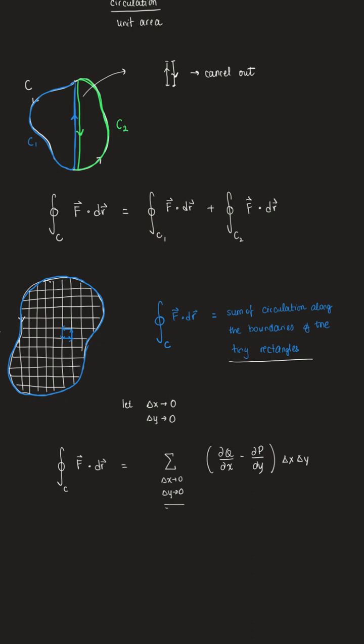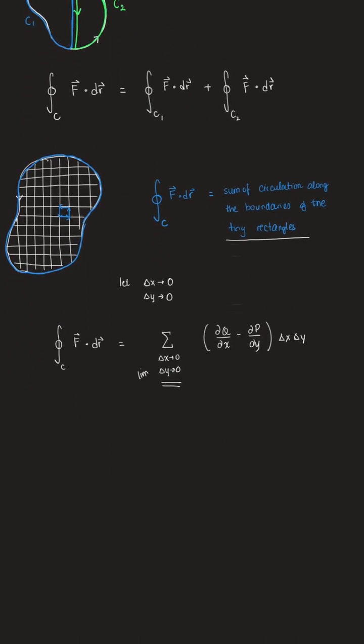When we take the sum of these, when we take the limit as delta x and delta y go to 0, we are going to get a double integral because we're adding this up over the areas of these little rectangles. And so we're going to get Green's theorem, where we have vector field times the r prime of t dt.